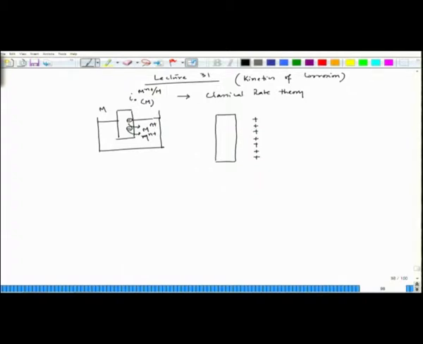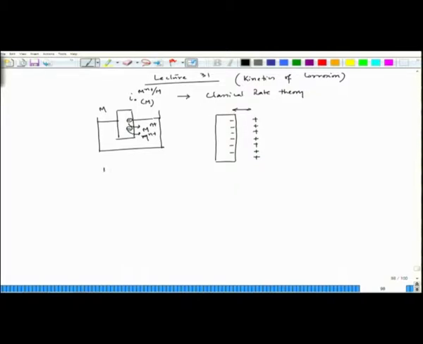and then we have to maintain the neutrality. So, the negative charges will be left on the metal surface, and these two would try to balance each other.